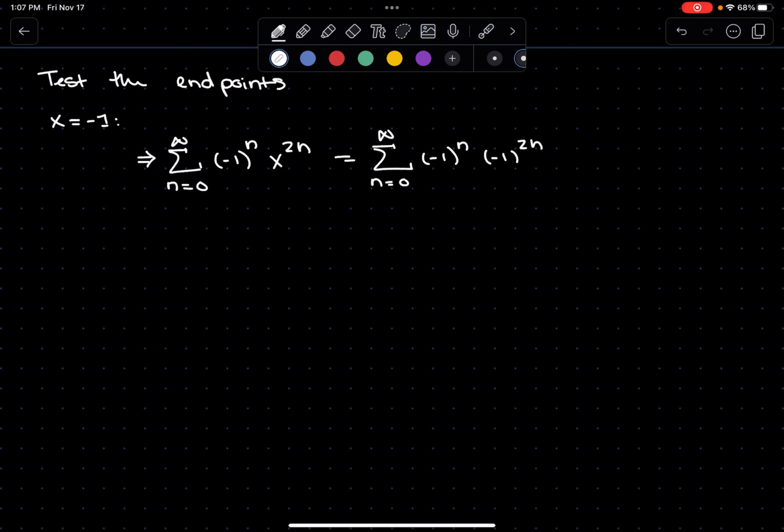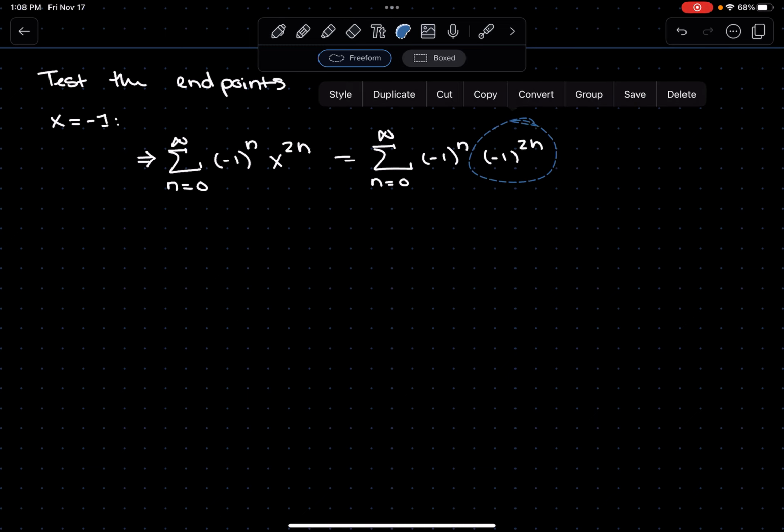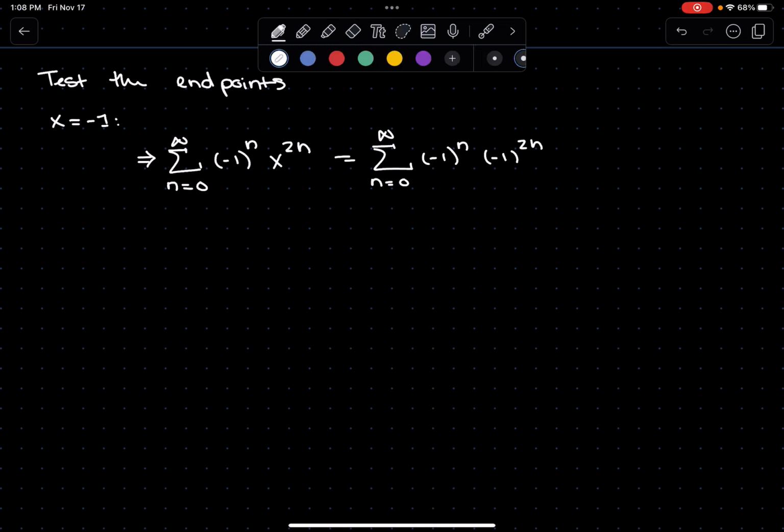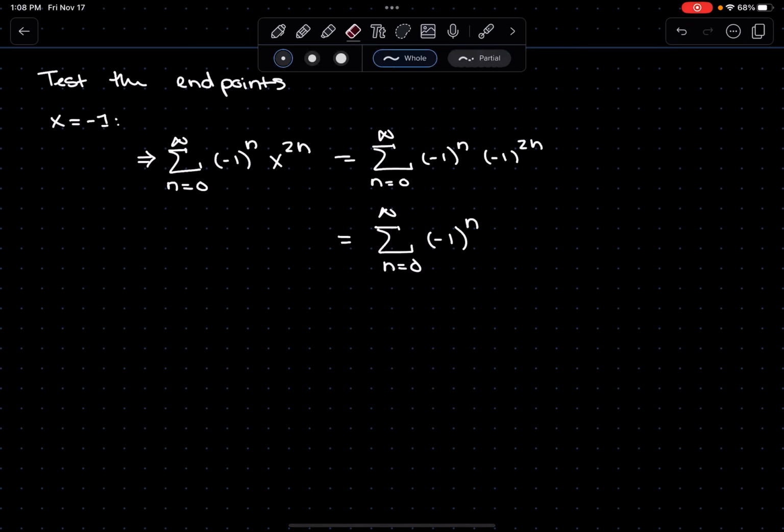Well, anything to an even power is going to be positive, right? So this whole thing right here is just going to be +1. So what we get is the series from 0 to infinity of -1 to the n times 1, so I can actually just get rid of that times 1.